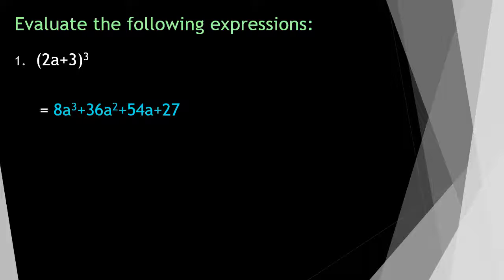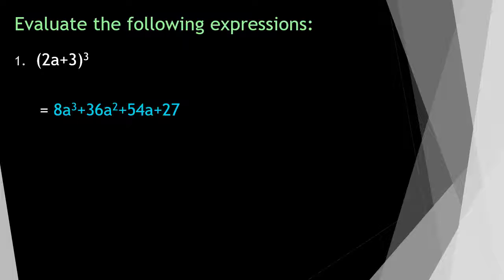So the cube of the first term, which is 2a, is 8a cubed plus thrice the product of the square of the first term and the last term, we get 36a squared. If you are wondering why, we multiply 3 to the square of the first term, which is 2a, and multiply it to our last term, which is 3, and we derive 36a squared.